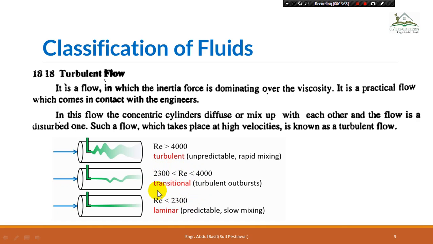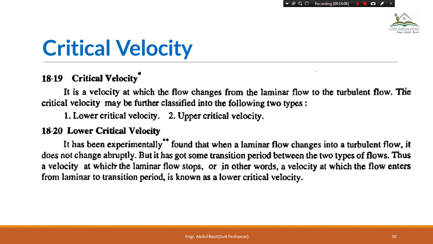So the transition zone refers to the zone when the laminar flow is converting to the turbulent flow, or turbulent flow is converting to the laminar flow. The zone in between these two types of flow is called the transition zone. Okay, what is Reynolds number and what does this 4000 mean? How this can be calculated will be discussed in the second part of this week number 4 lecture. We will discuss it later on.